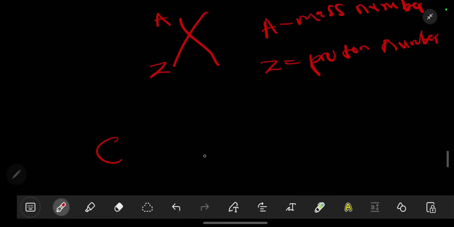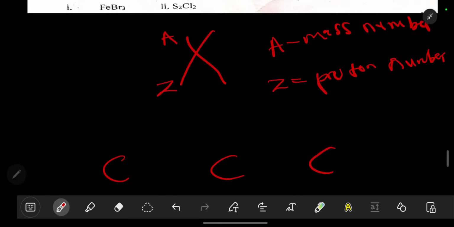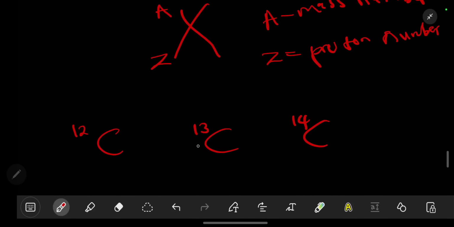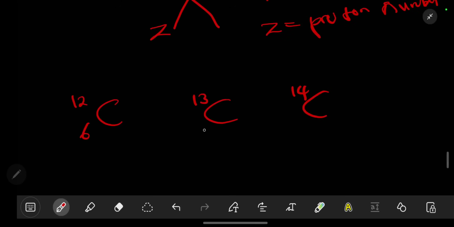We can now show the carbon. Let's use 3 of them. Carbon has isotopes, so on top for A, we have isotopes such as 12, 13, 14. There is also carbon 11, but unless they give you 4, that's when I would advise you to use that. The number of protons is the same for carbon: it is 6, 6, and 6.